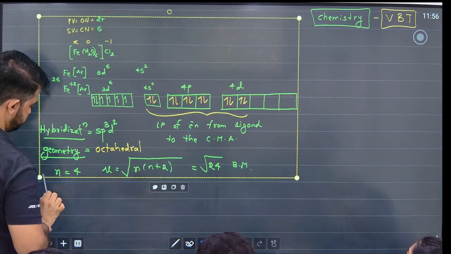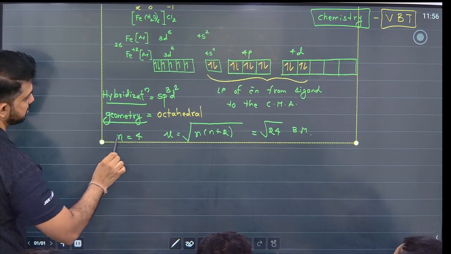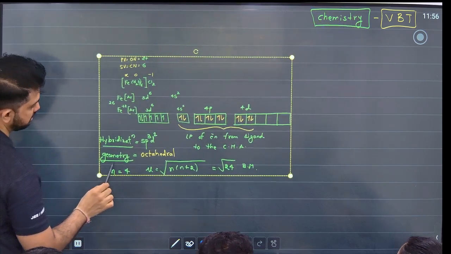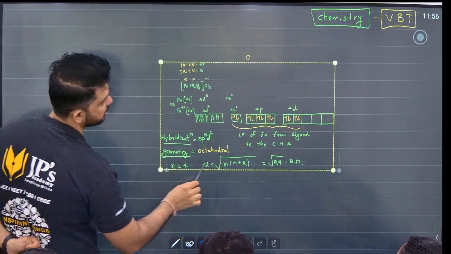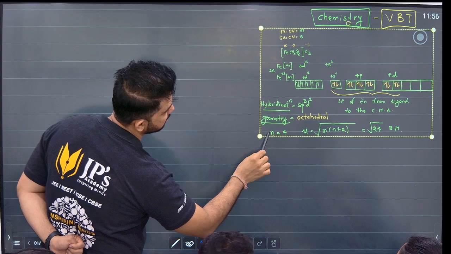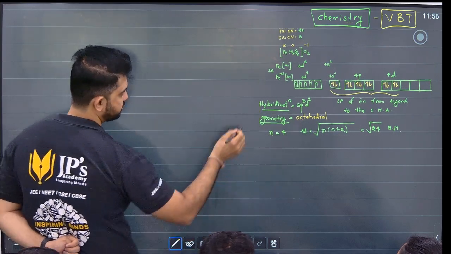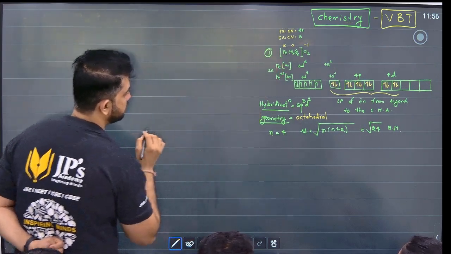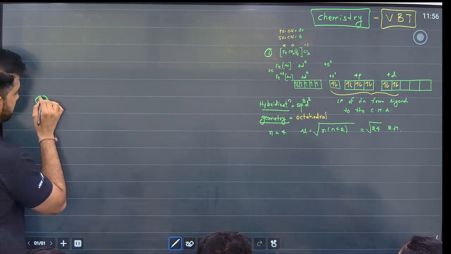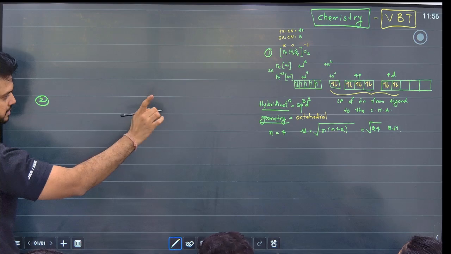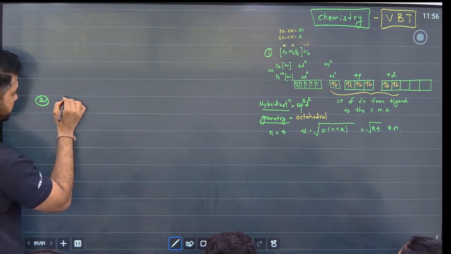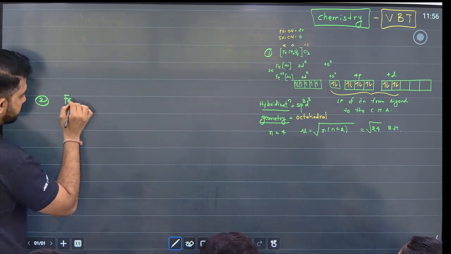Now we have, so let's say this is the first coordination complex. Now, similarly, find for me hybridization, geometry, and magnetic moment for this complex.